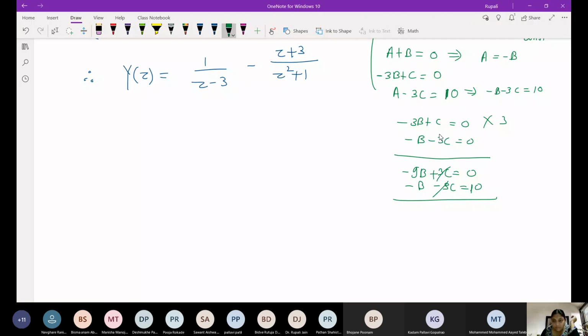Adding, the 3c cancels, so minus 10b is equal to 10. So what this implies? b is equal to minus 1.